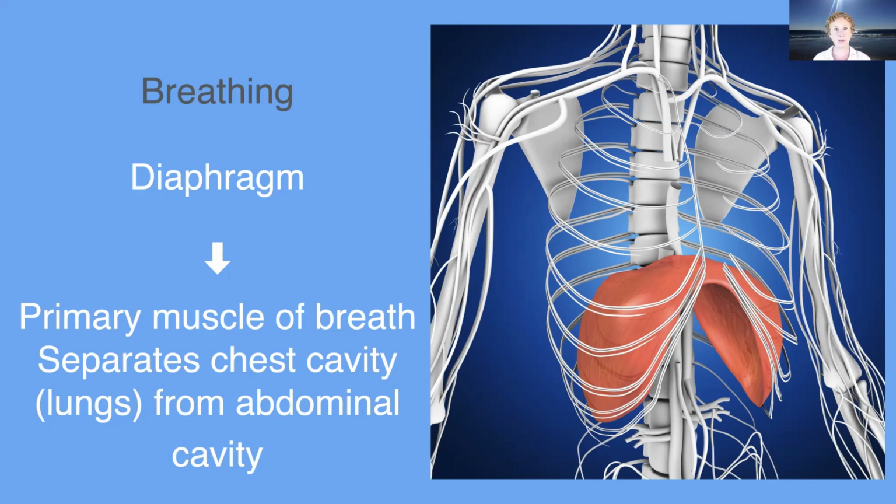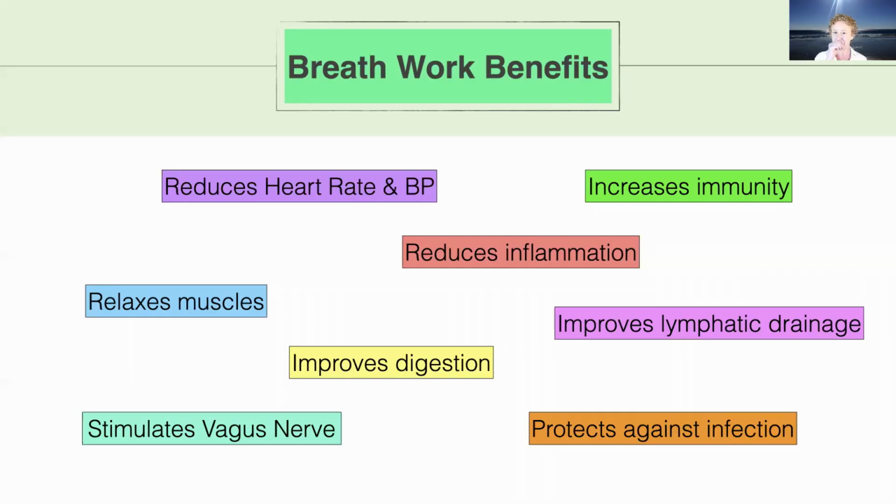And so it has this big movement effect. So as it flattens downwards, it creates the space in the lungs above for the air to come in, but it also massages the abdominal organs and helps with digestion, right? So this is a good two-way system that helps on many levels.